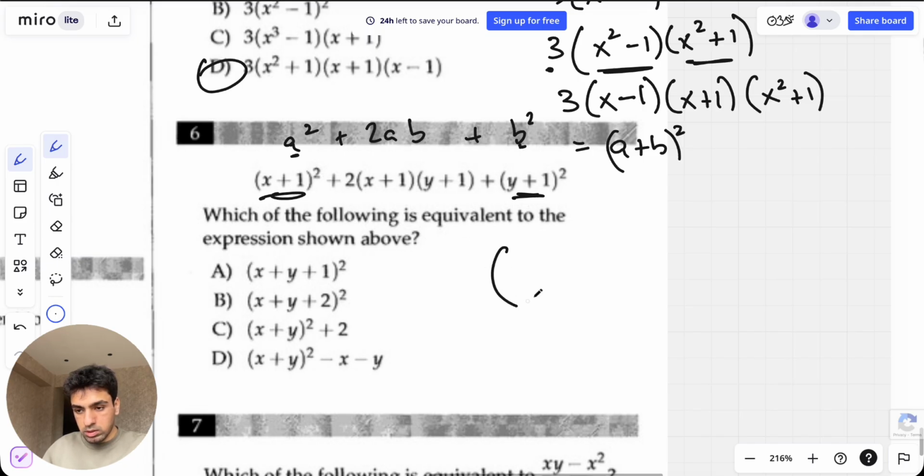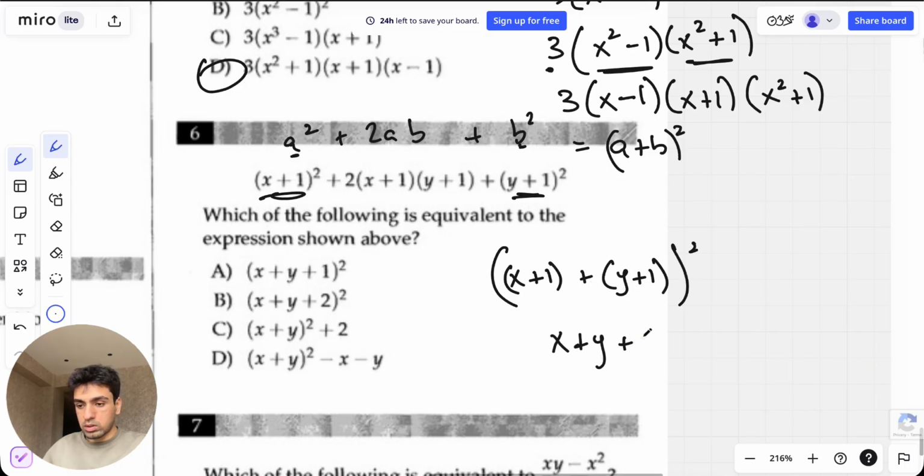So that's going to be x plus 1, that's a, plus b, b is y plus 1. Right, and then we have the entire expression. We can then open the bracket, so we have x plus 1 and y plus 1. We can add 1 and 1, that becomes x plus y plus 2. 1 plus 1 is 2, which means we're left with this, and that is going to be B.